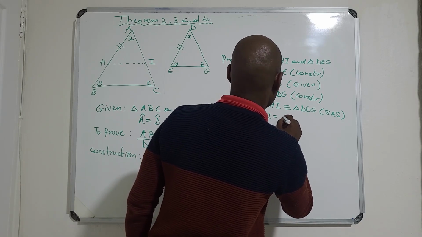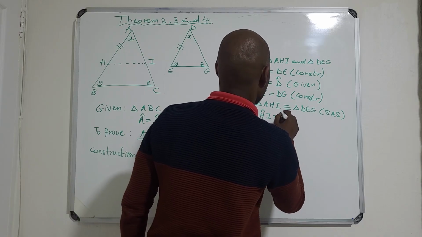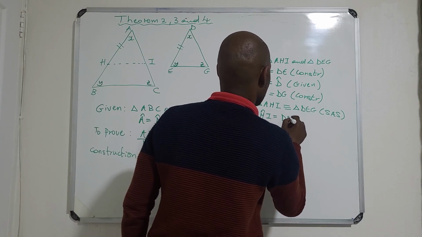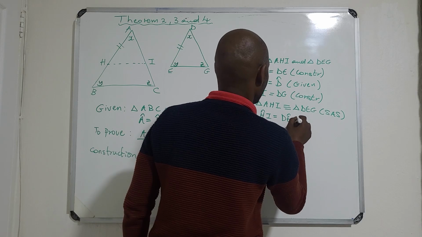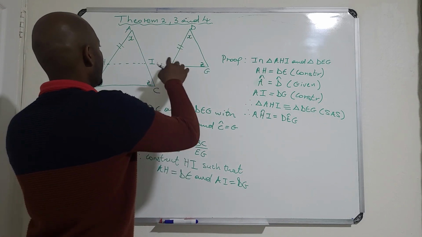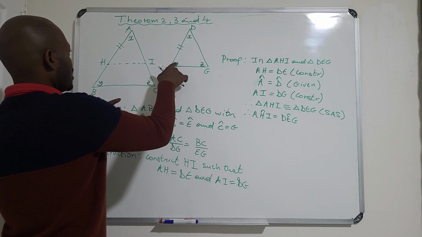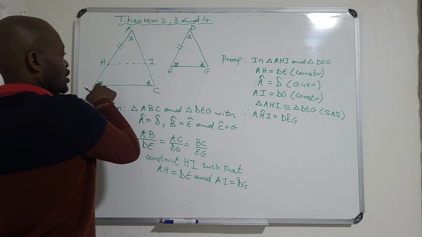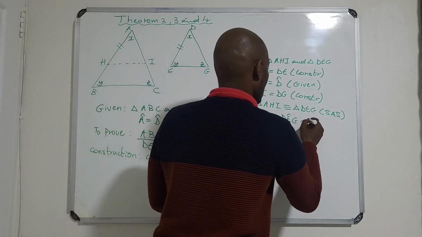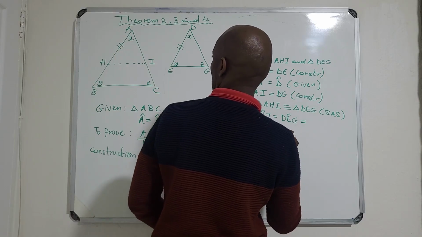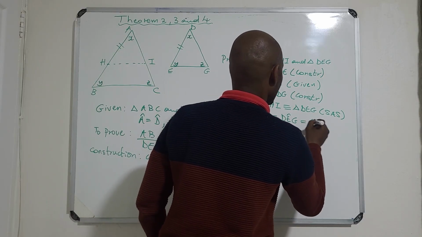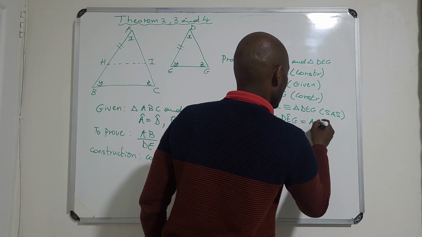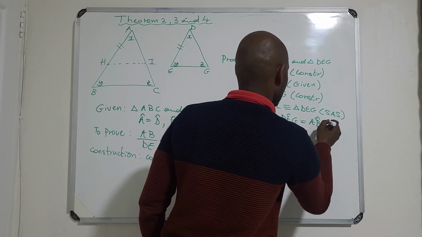Angle AHI is equal to angle DEG, which is also equal to angle ABC.